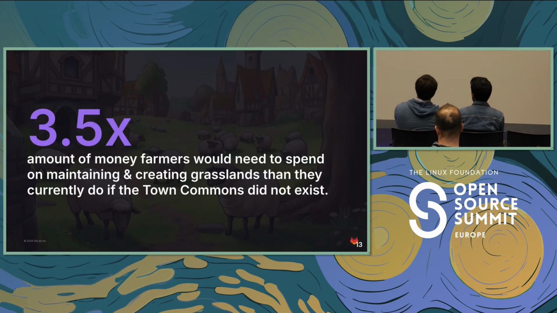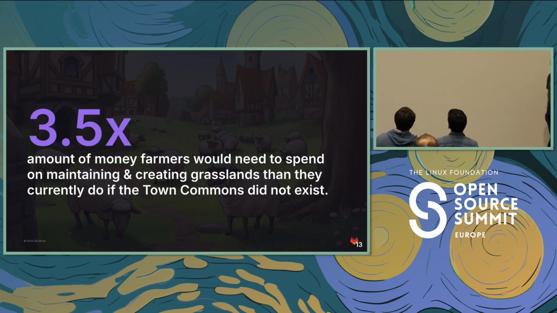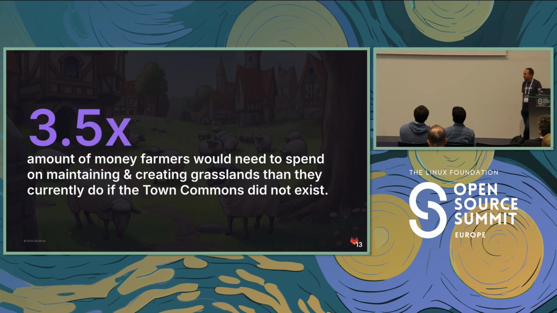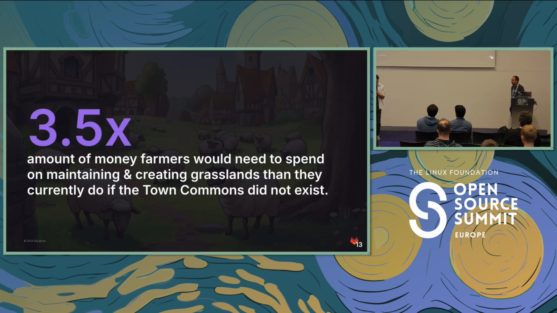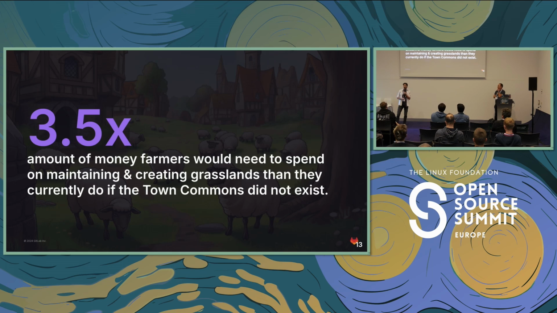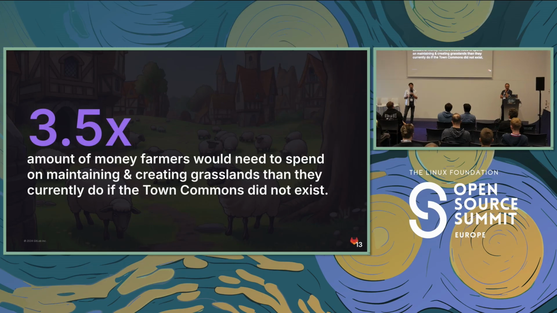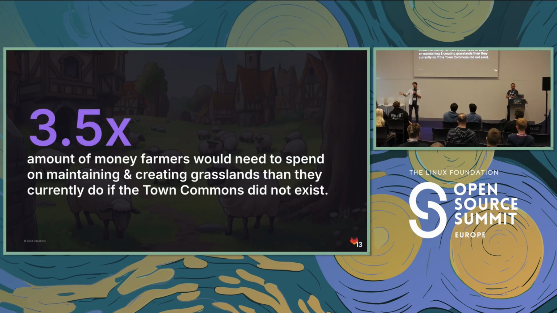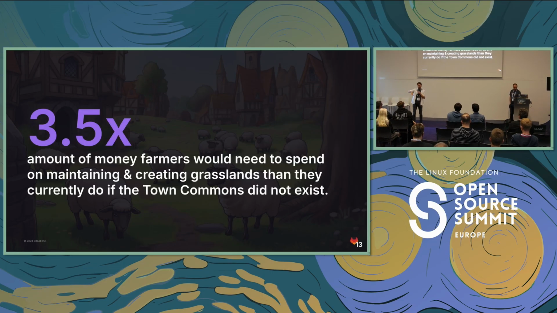So let's continue. Imagine that you as farmers say, I'm not being part of this commons anymore. I have my own little land. Then I can take care of my own little grass, and no one will deplete it. If you would do that, you need 3.5 times as much land than if you would all share and take care of that land together.